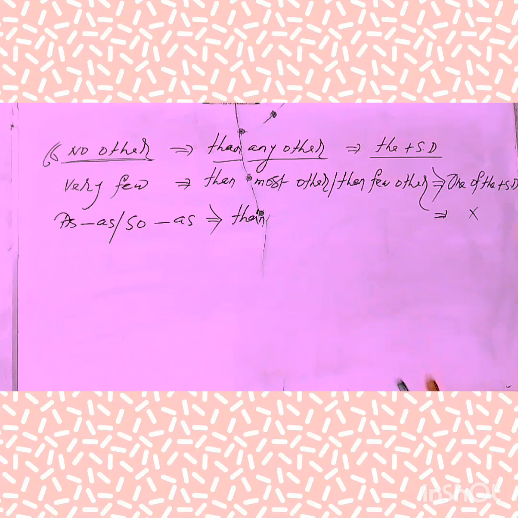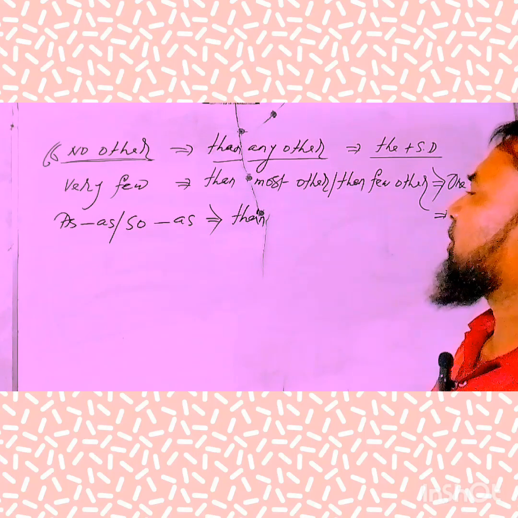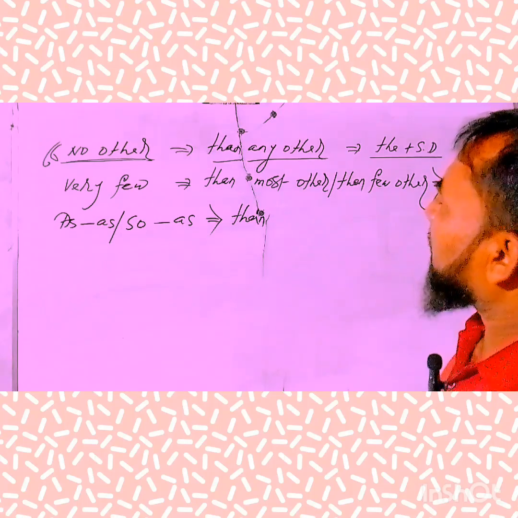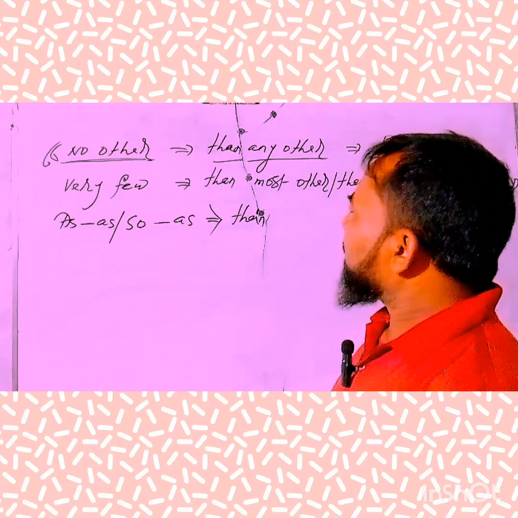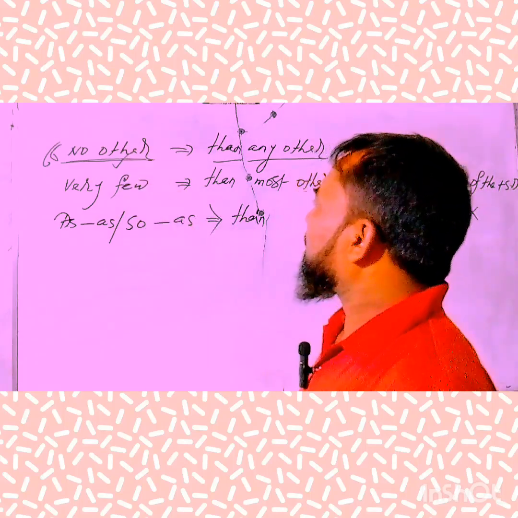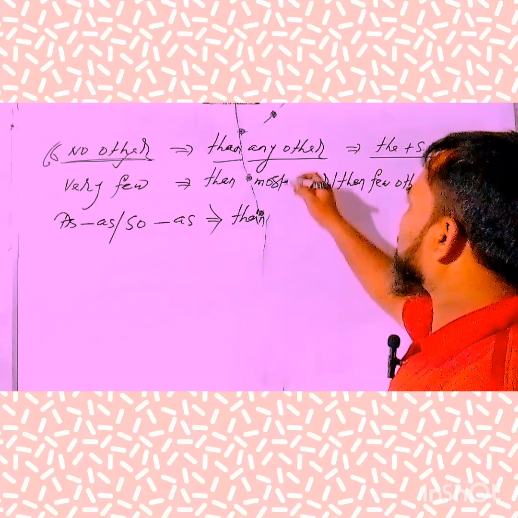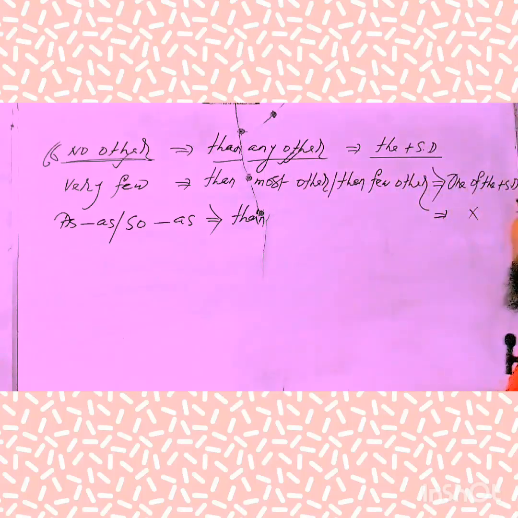Among these three kinds of items there is a great relationship. When you convert degrees, if any degree starts with no other, at the time of converting such a degree into comparative, you have to use than any other, and into superlative degree, the plus SD.